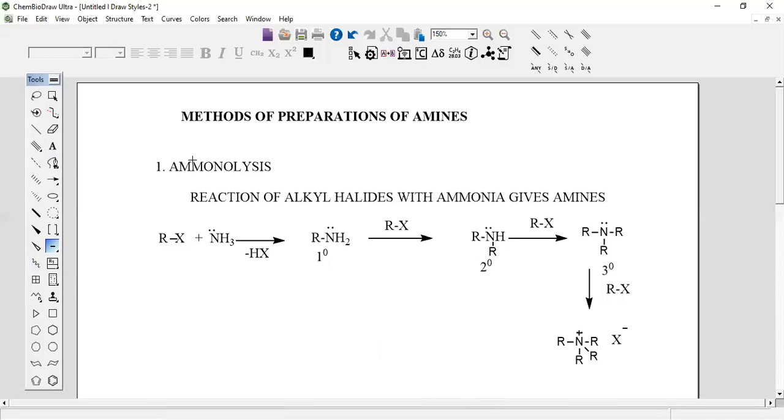That means in the ammonolysis reaction, the reaction of alkyl halide with ammonia is called ammonolysis.